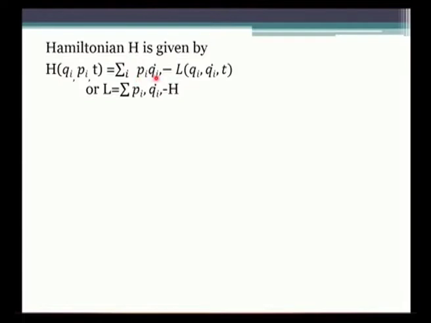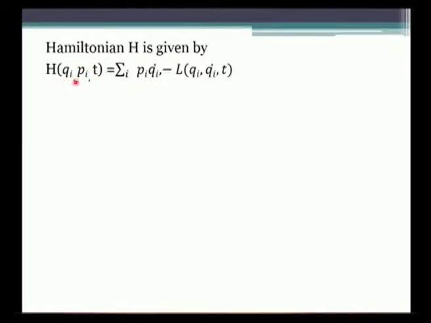So, this is the relation connecting the Hamiltonian and the Lagrangian. Here H(qi, pi, t) is the Hamiltonian and L(qi, q dot i, t) is the Lagrangian.